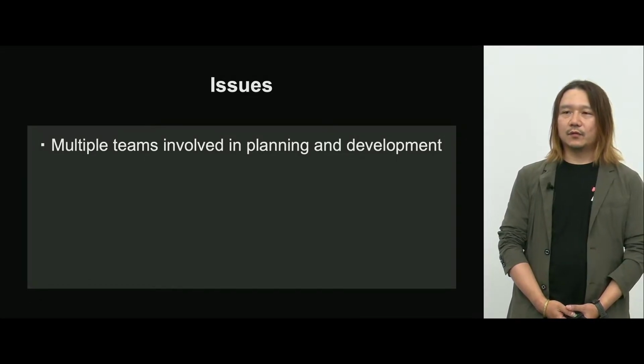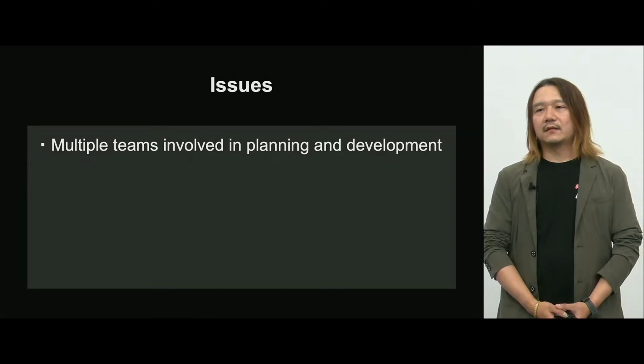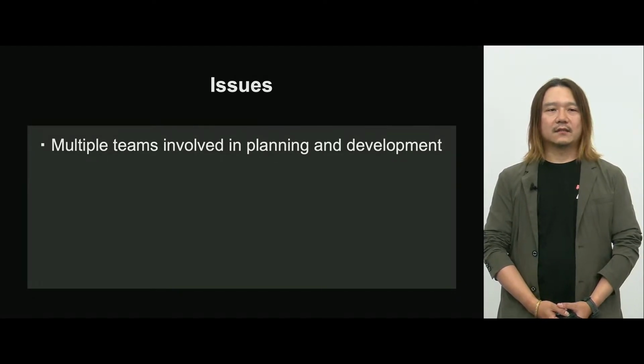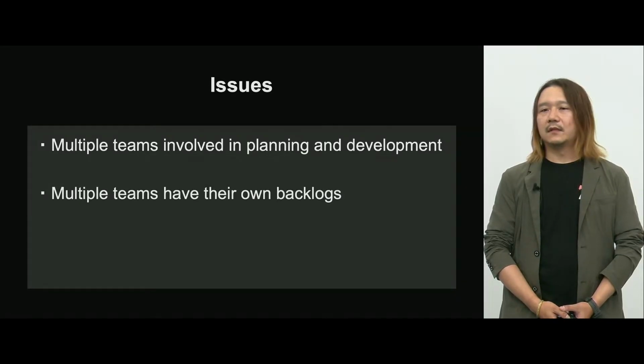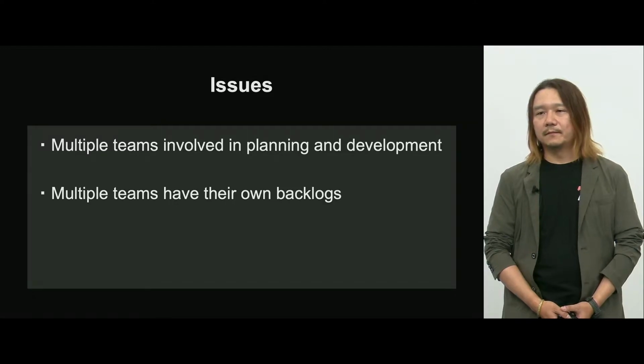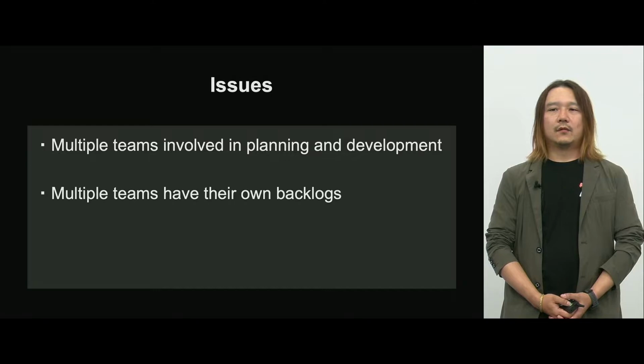When I organize the issues in specific terms, this is what we have. Just like I introduced, multiple teams were responsible for planning and development, and many teams were responsible for not only the LINE Mini App but other deals.